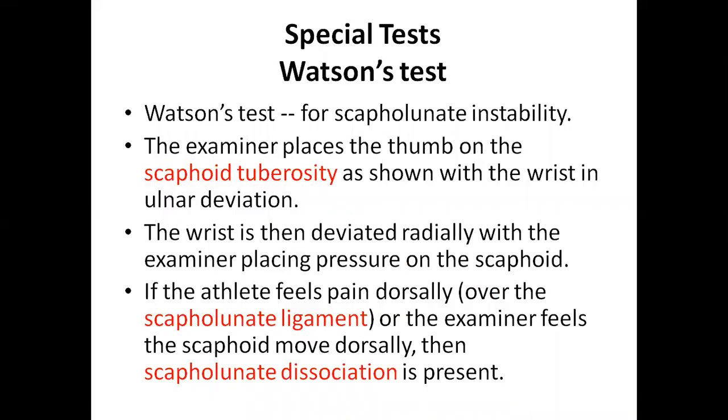The wrist is then deviated radially with the examiner placing pressure on the scaphoid. If the athlete feels pain dorsally where the scapholunate ligament is, or the examiner feels the scaphoid move more dorsally, then it is an indication that there is some dissociation of the scapholunate.